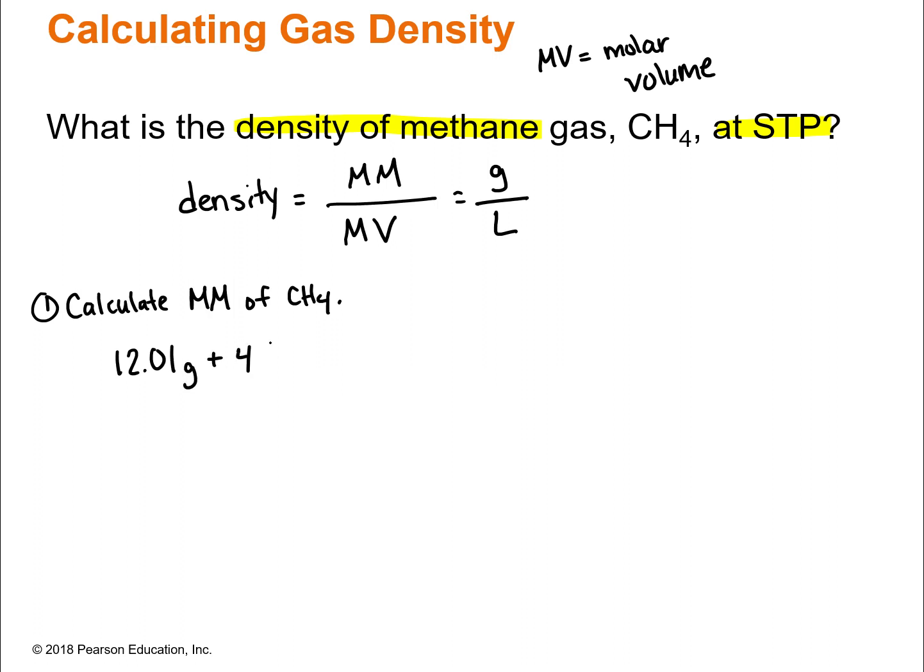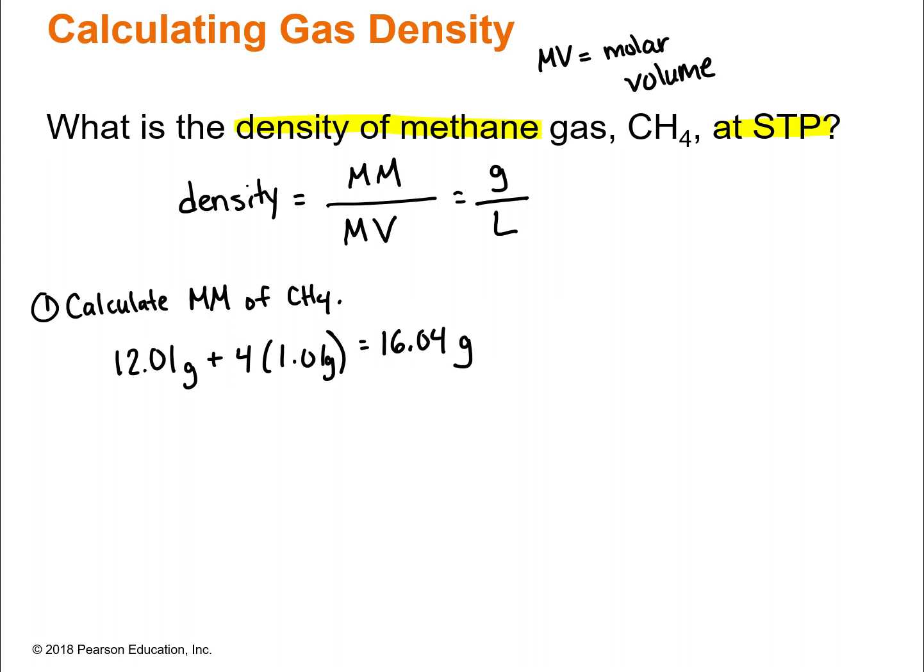There are 4 hydrogens that are each 1.01. So there is our molar mass.